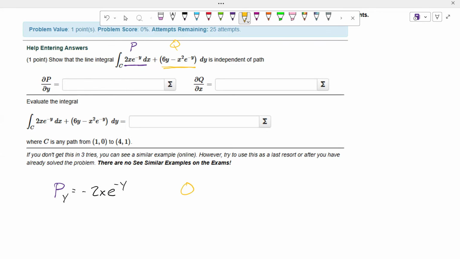I also need q partial x, which looks to be negative 2x e to the negative y. And now I can see that those two bits are equal to each other. P dy and q dx ended up being equal, which means I have a conservative vector field, so I can apply the fundamental theorem for line integrals.